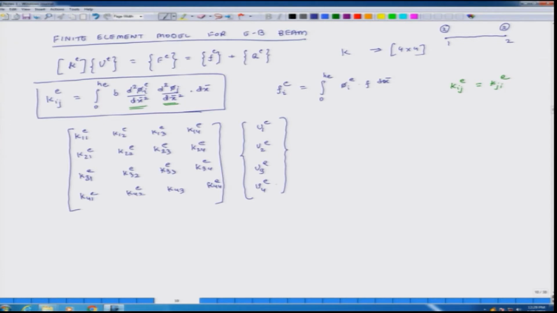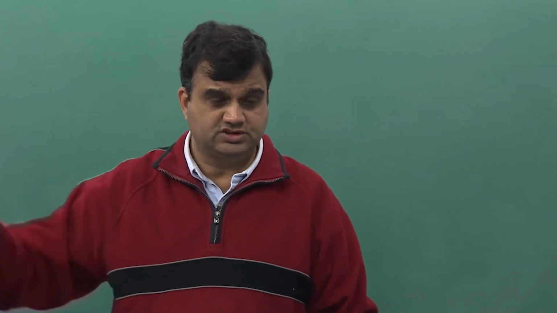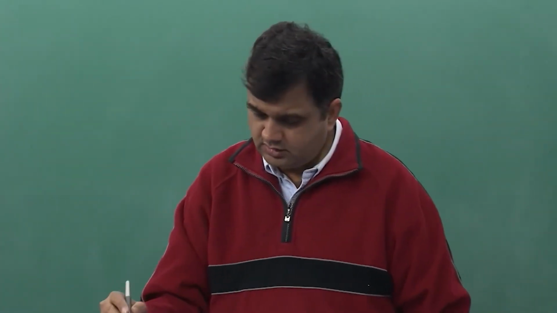Physically, u1 represents w at 0, u2 represents slope at 0, actually negative of that, u3 represents w at He, and u4 represents negative of slope at He. But in our computational algorithm, we do not differentiate, we just put u1, u2, u3 because it is easy to program.